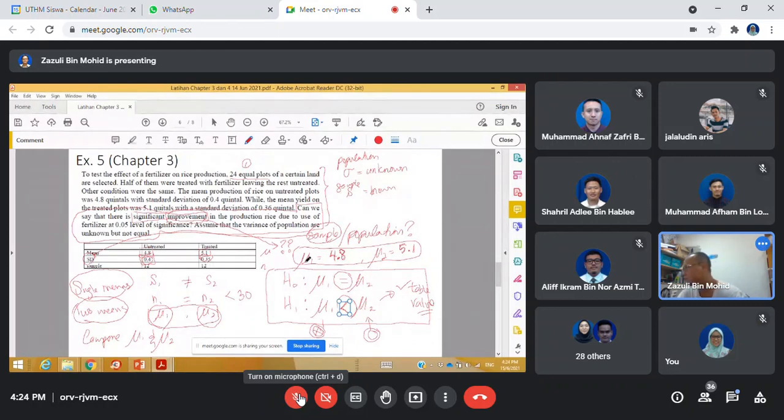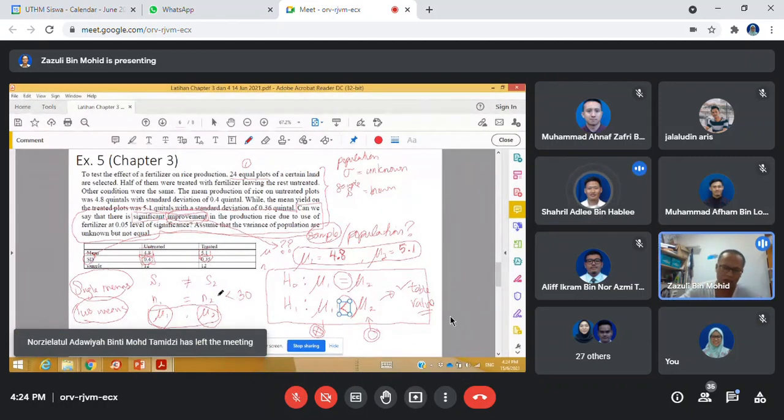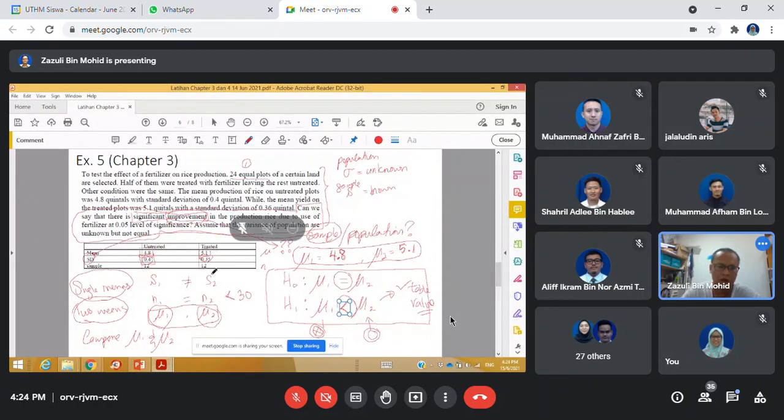Bila smaller than the t, standard deviation population unknown. Confirm clue yang ini, confirm dia pergi kepada t distribution. Okay. Dia dah jadi t distribution. Betul.